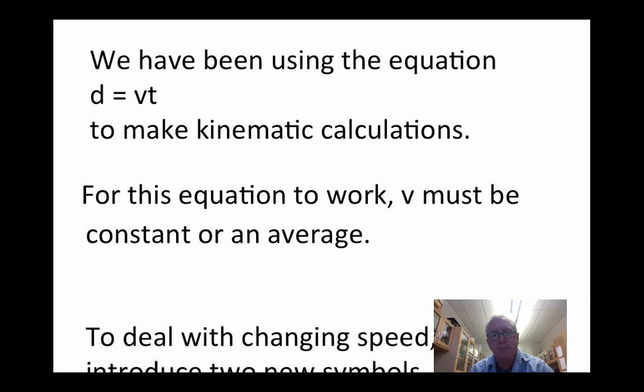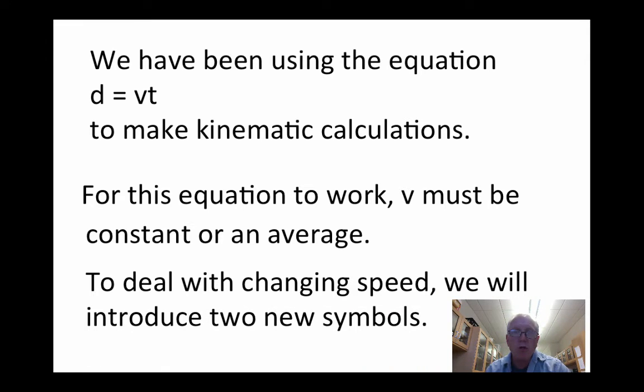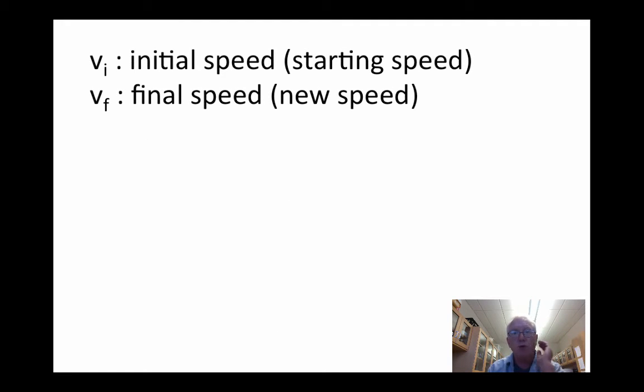All right, so now we're going to introduce two new symbols, because if a speed is changing, we would want to be talking about the speed at the beginning and the speed at the end. So the two new symbols are going to be vi for v initial, that'll be the starting speed, and vf, that'll be the final speed or the new speed.